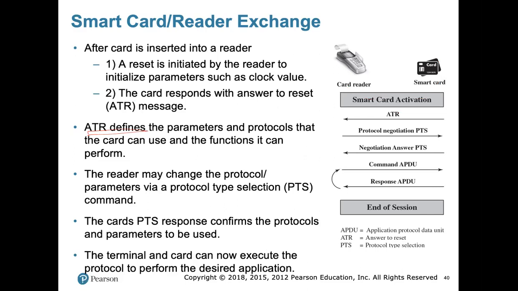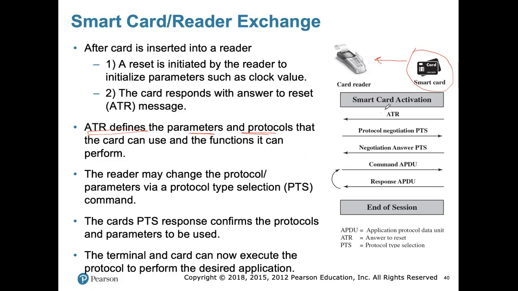It defines parameters and protocols that the smart card supports. So this smart card may support, for example, dynamic password generation, or it may work only under static password generation. So how does the smart card tell the reader what type of authentication I support?